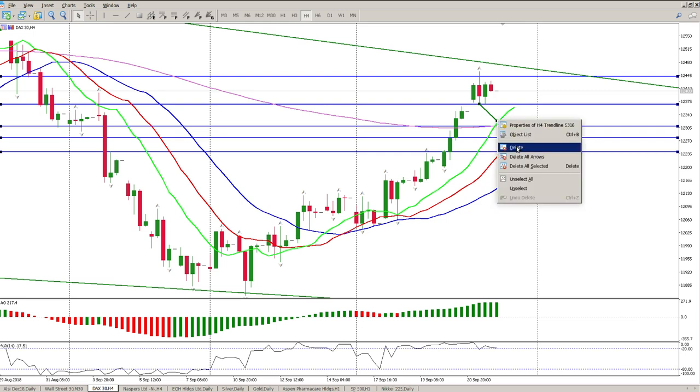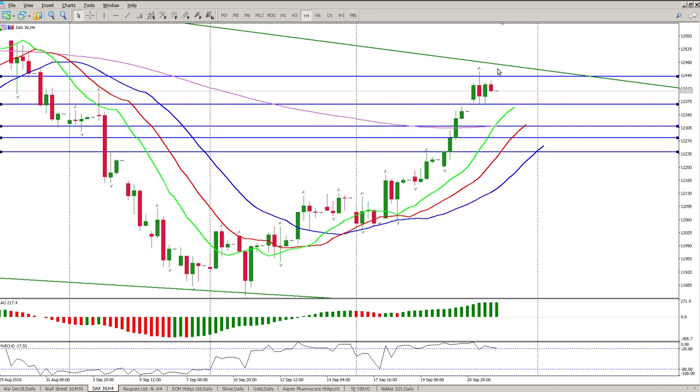So for now, looking at the 4-hour, we are consolidating. The trend is up and we are consolidating. We are far away from the alligator. So normally what that means is you're expecting price to come back towards the alligator and either find some support or break through and continue moving to the downside.